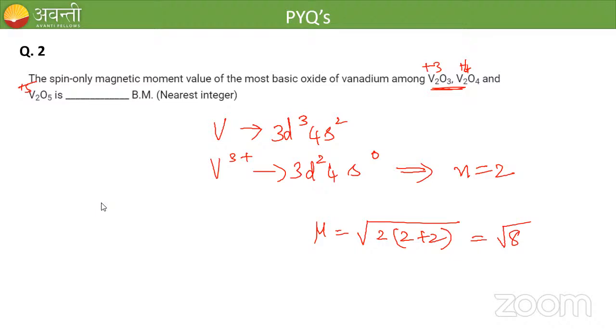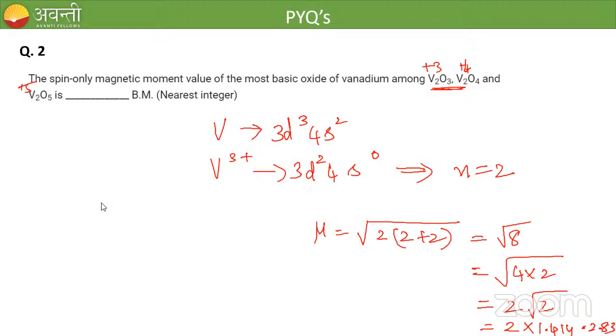Root 8. What is the value of root 8? Root 8 can be written as root of 4 into 2, and taking 4 out of the root, I get 2 root 2. The value of root 2 is 1.414, so the final answer comes out to be 2.83.